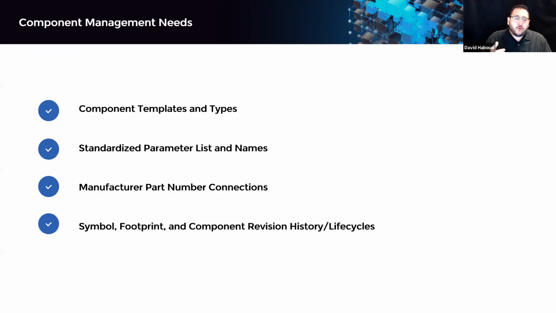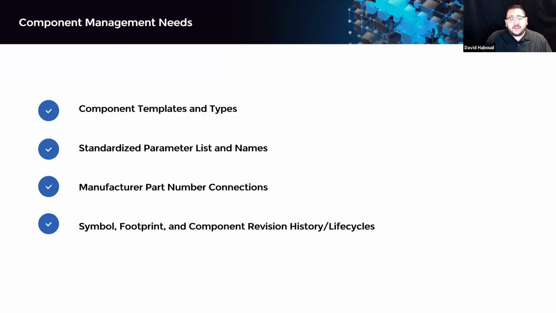And then you have real world connections to manufacturer part numbers, which in turn gives you real world connection to supplier part numbers. So you can get alternative part choices pre-set up, so you can prepare for potential shortages before they come up.